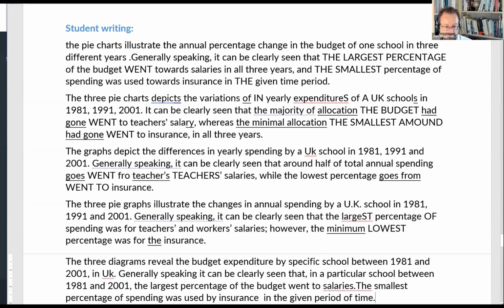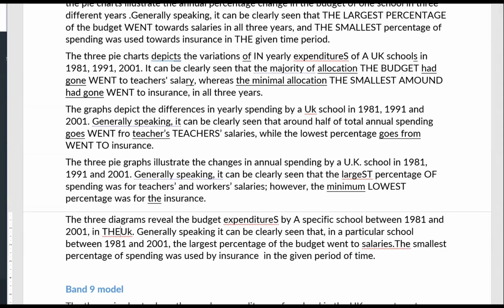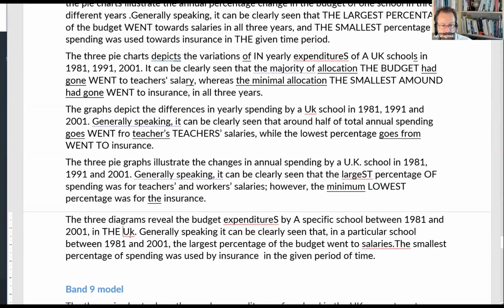Okay. Budget expenditures by a specific school in the UK. We use the for UAE, UK, USA. Generally speaking, comma.